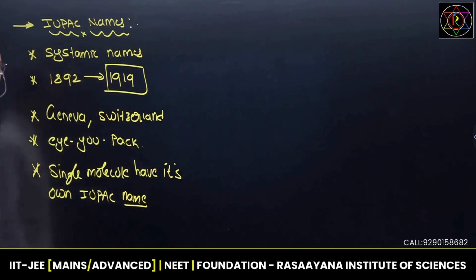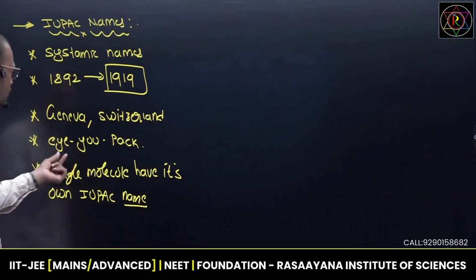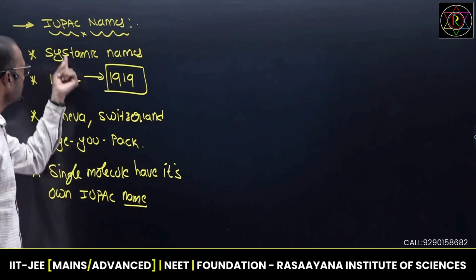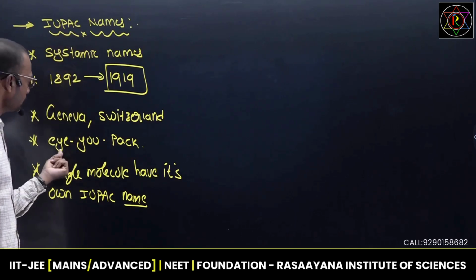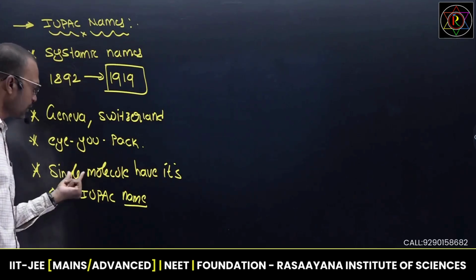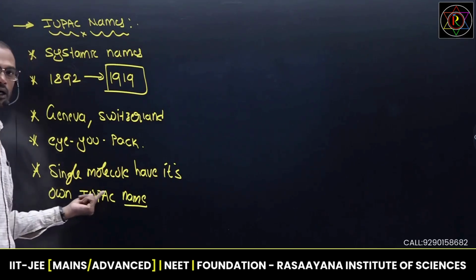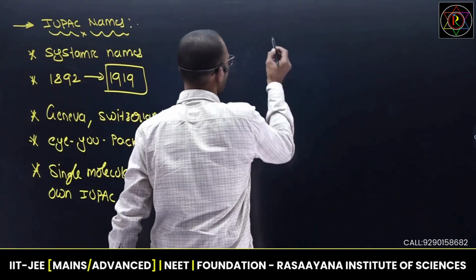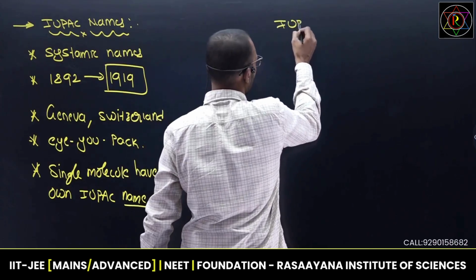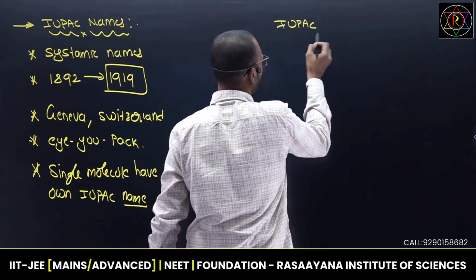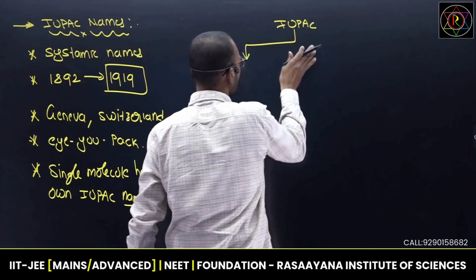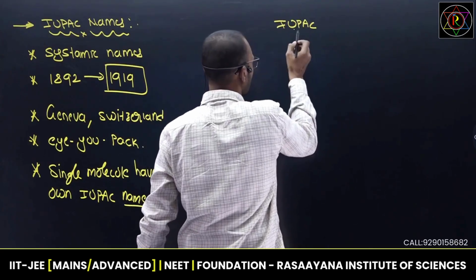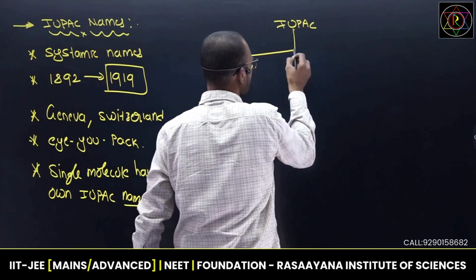That name cannot be repeated for more than one molecule. These are systematic names; we are following some generalized rules, known as IUPAC. Every single molecule has its own IUPAC name. Remember, if you want to give an IUPAC name, it is a mixture of initially 3, but later it is split into 5 words.